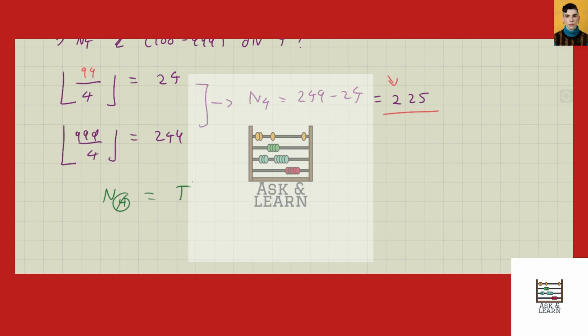So I mentioned before that it is the total numbers minus n4, and this equals 900, that are all the possible integers on that interval, minus those that are divisible by 4, that is 225, the number that we just obtained. And this equals 675.